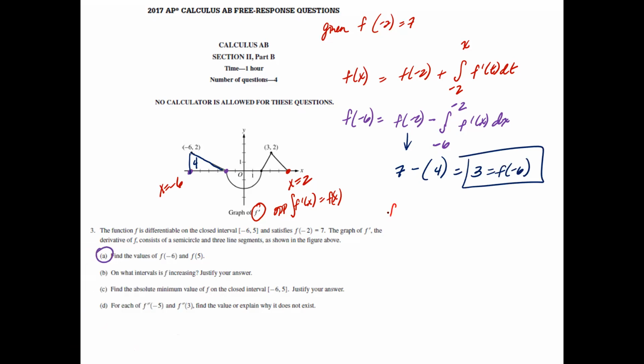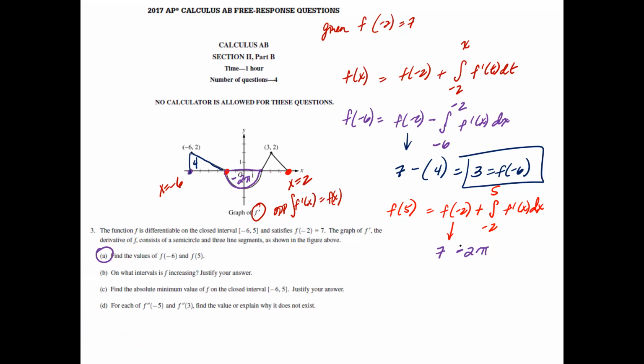We're going to go ahead and continue on with f of 5. Now f of 5 is 1, 2, 3, 4, 5, so it's to here. So you're going to include f of -2, but then it's going to be plus the integral from -2 to 5 of f prime of x dx. So let's fill in the blank then. F of -2 is going to give you a 7, which is given. And then from -2 to 5, you have the area 3 that we found, which was -2 pi.